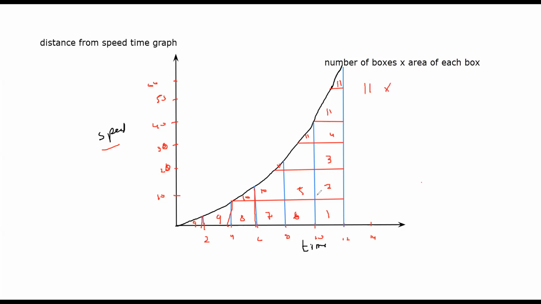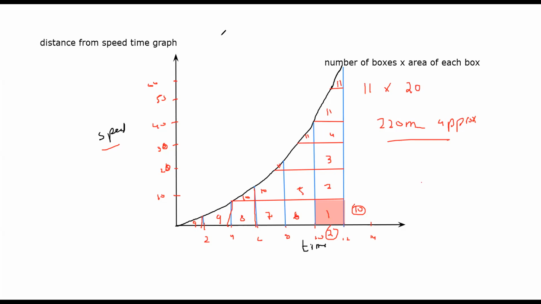How to find the area of this box? Any box you can take because all have the same area. So it's length into width: 2, and the height is 10. So 2 multiplied by 10 is 20. 11 multiplied by 20 is equal to 220 meters approximately. It's not exact, it is just an approximate distance.